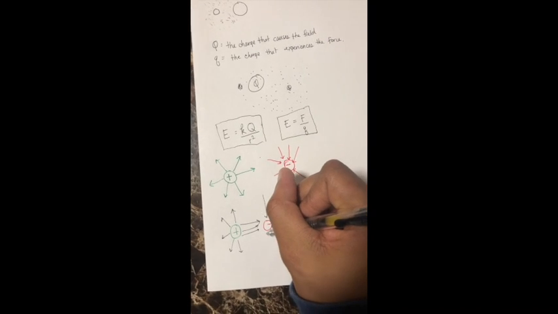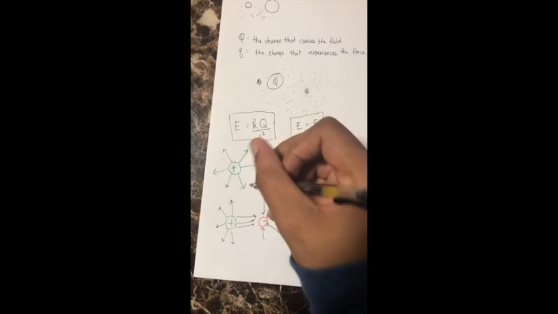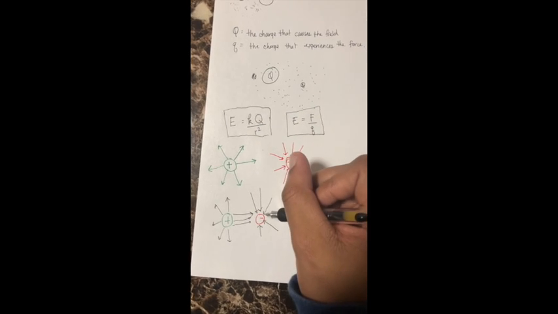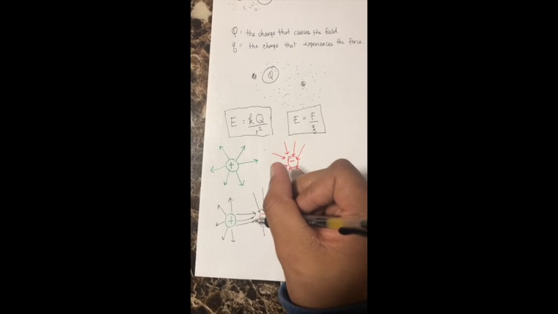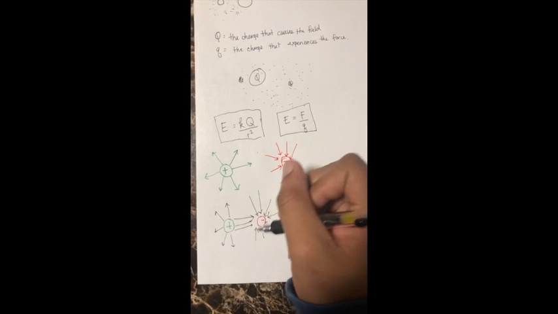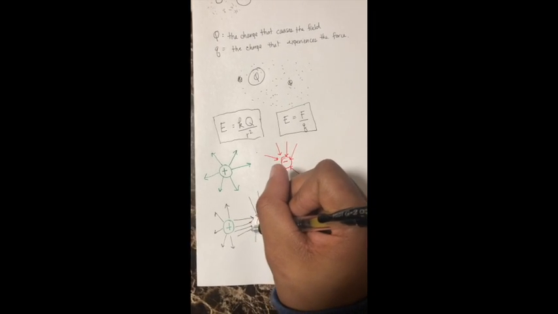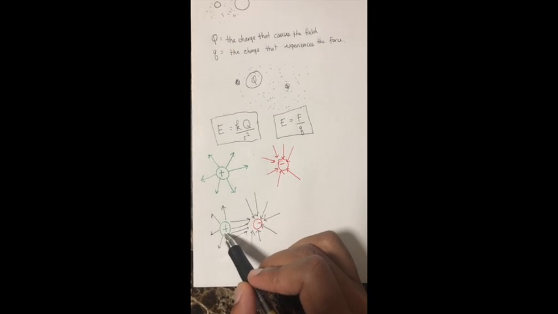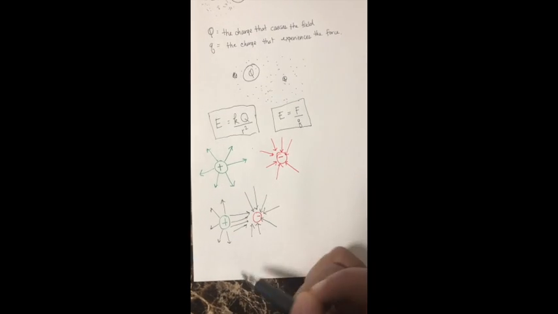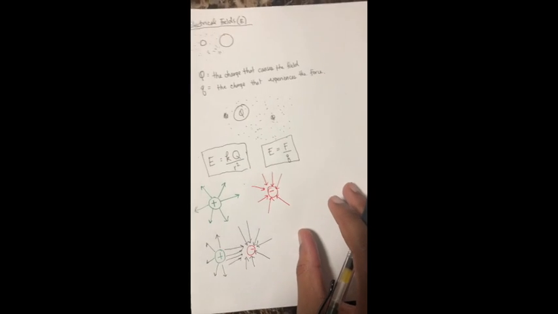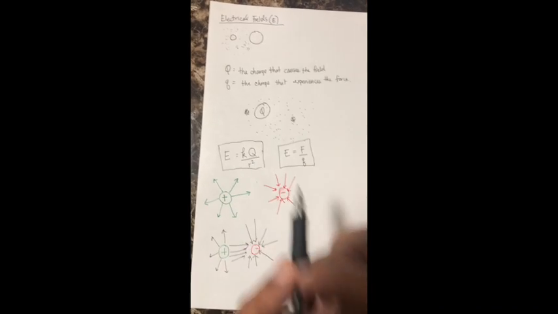So if I were to put a positive and a negative charge next to each other, this is how the electric fields will look. It's pointing out of the proton and pointing into the electron. So these are the two main equations.